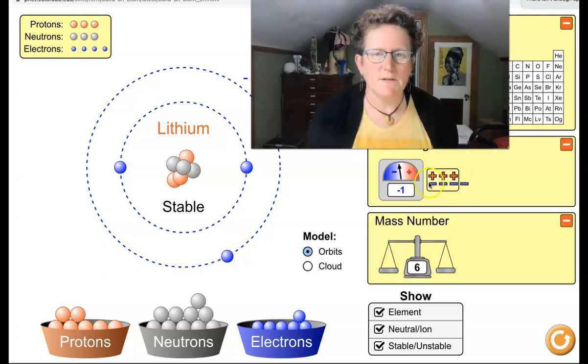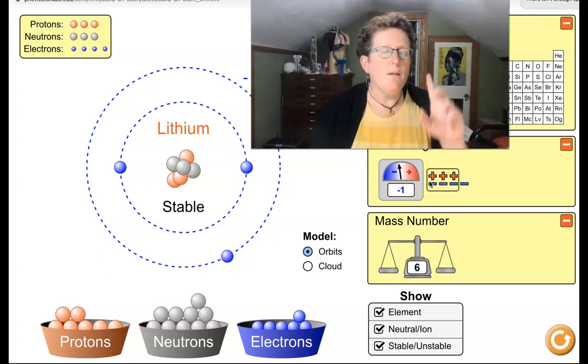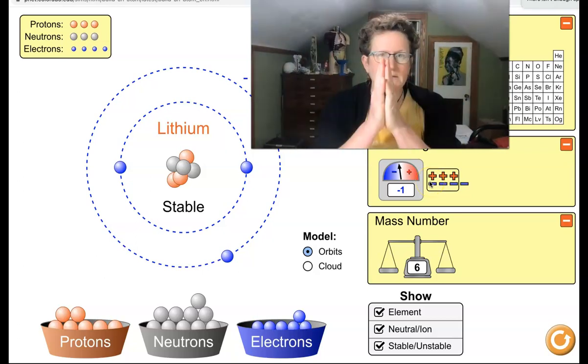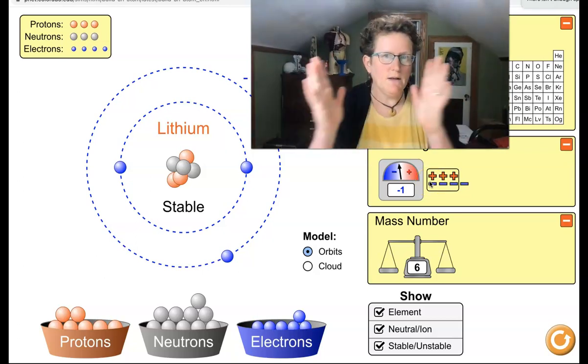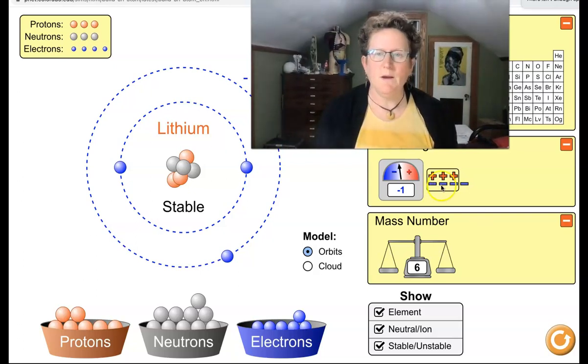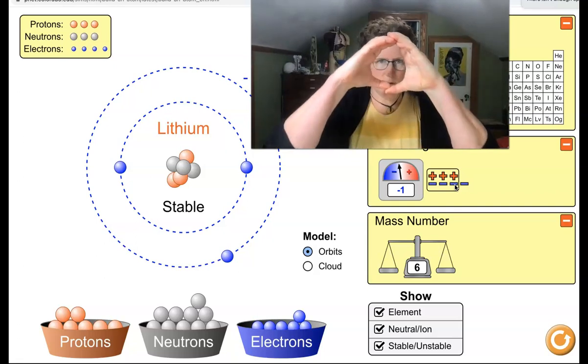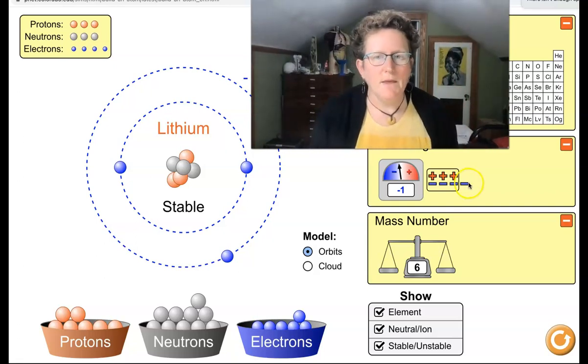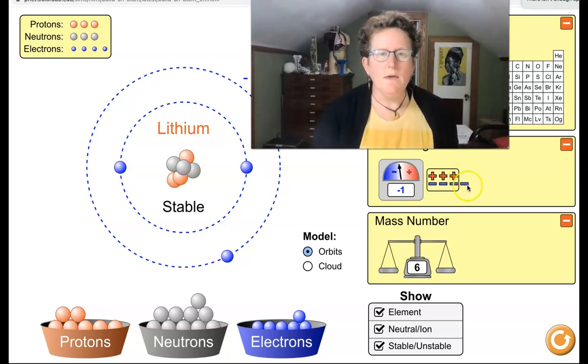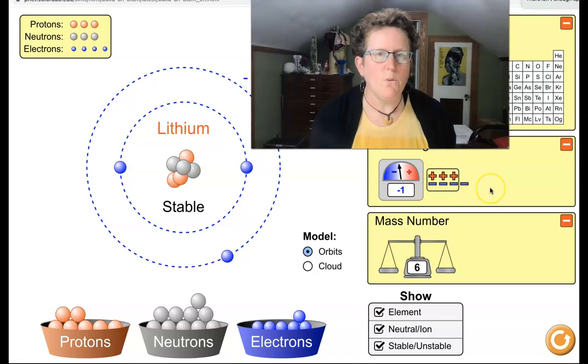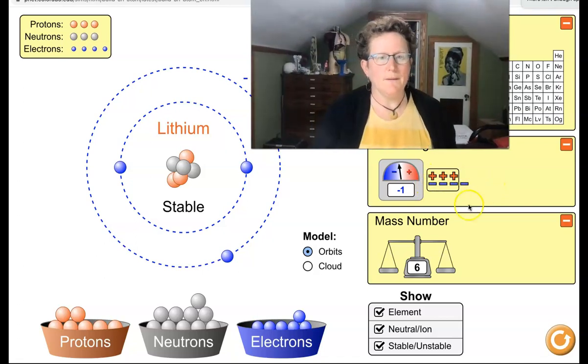So there's a positive and a negative, and that makes a pair. +1 and -1 make 0. +1 and -1 make 0 for the second pair here, and +1 and -1 make 0 for the third. There's 1 extra electron that doesn't have a proton partner, so the total net charge is -1. The other way to think about it is +3 plus -4 equals -1.